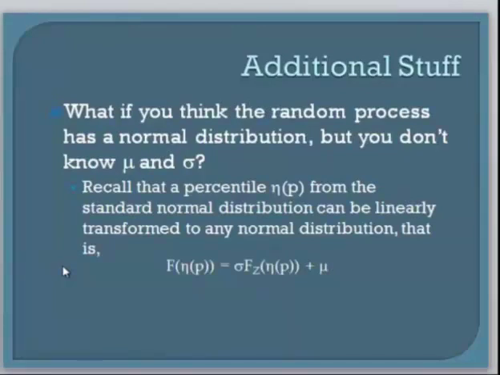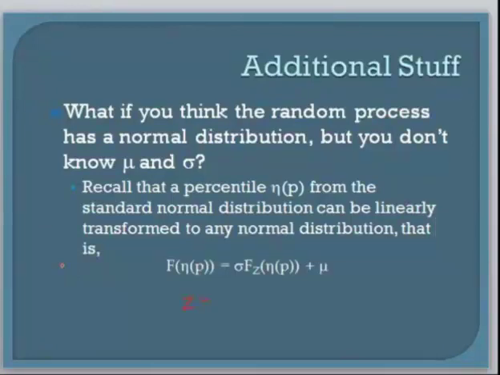So what if you think the random process has a normal distribution but you don't know the mean or the standard deviation? Well, if you recall, a percentile eta of p from the standard normal distribution can be linearly transformed to any normal distribution. That is, this is just a rewrite of our usual equation.